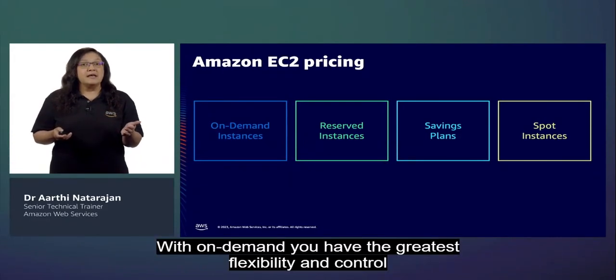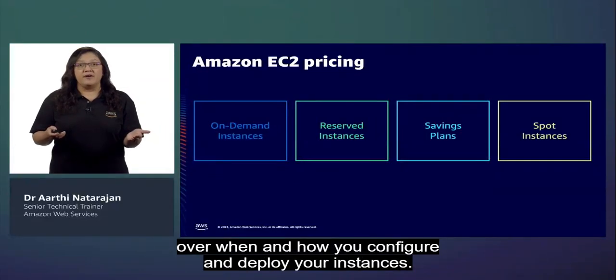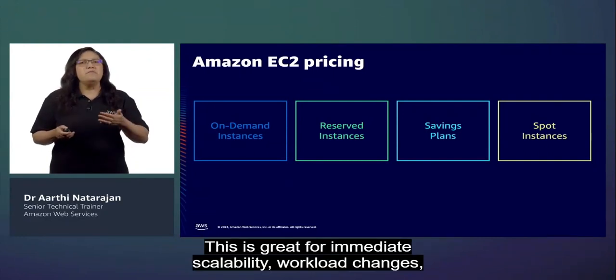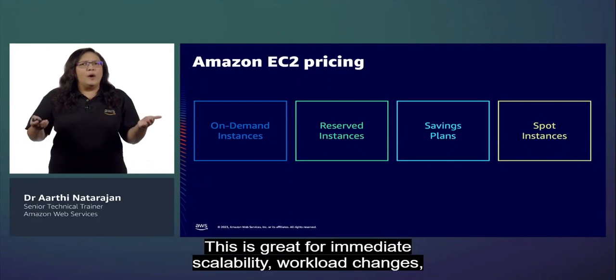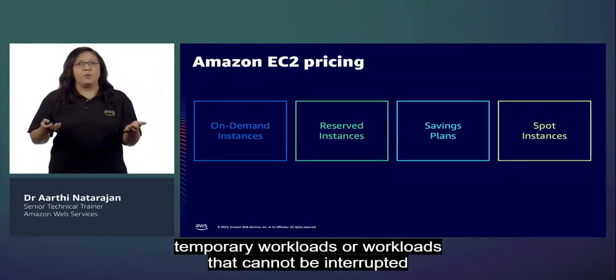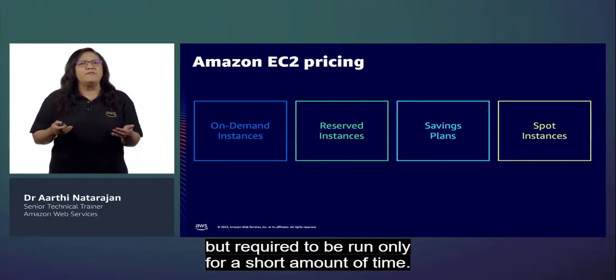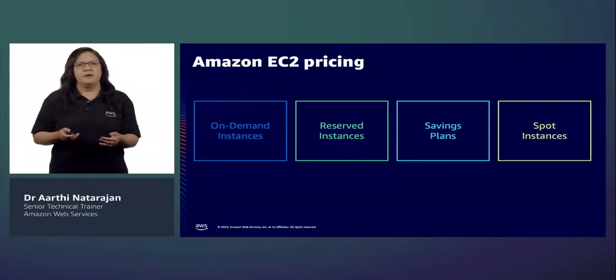With on-demand, you have the greatest flexibility and control over when and how you configure and deploy your instances. This is great for immediate scalability, workload changes, temporary workloads, or workloads that cannot be interrupted but are required to run only for a short amount of time.